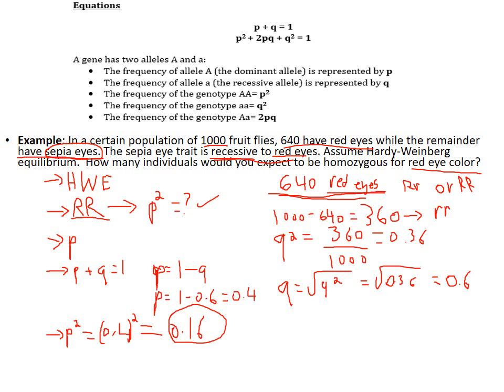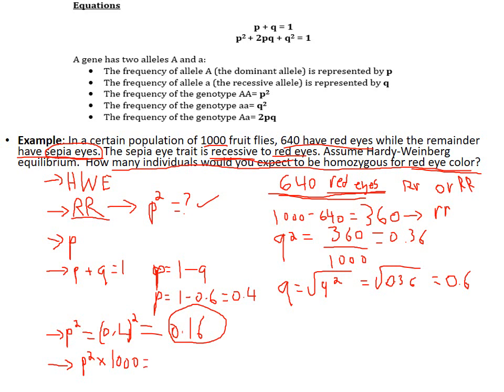Now the question though was not asking for the frequency. The question was actually asking how many individuals would you expect to be homozygous for the red eye color. So for the number of individuals, I simply do the frequency, P squared, times the total number of individuals in the population, times 1,000.